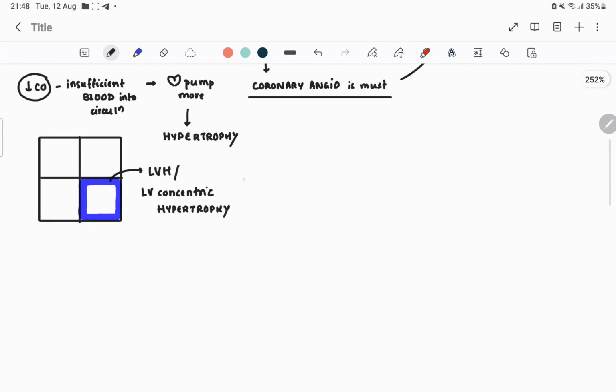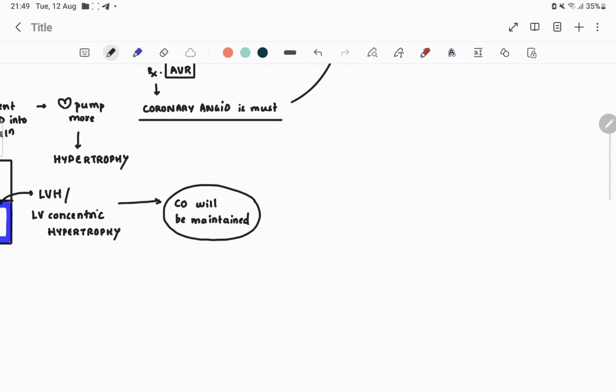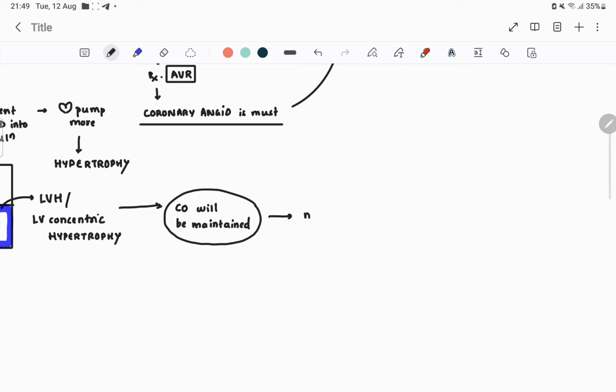So hypertrophy will occur, due to which the cardiac output will be maintained. Due to this maintained cardiac output, the person will have no symptoms in mild or moderate aortic stenosis.